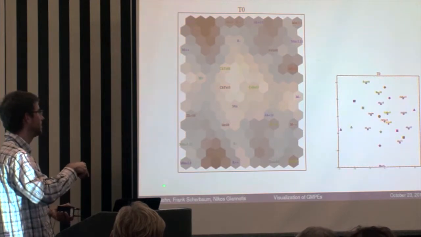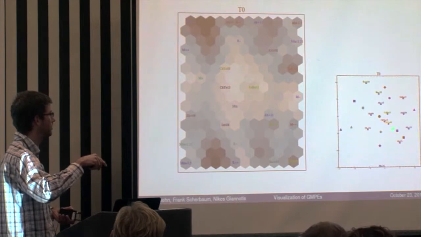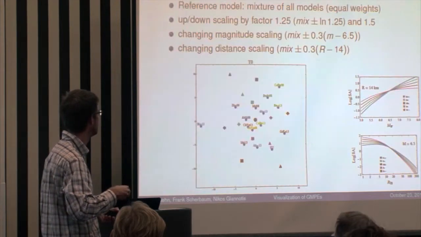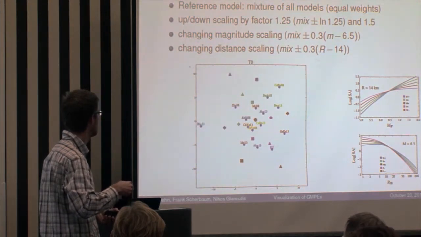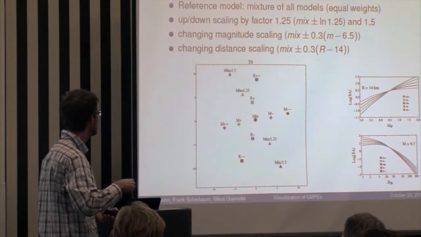If we then take the smallest distance between all the models and plot them onto a map, it looks like this. Here again, I don't really remember what the symbols for the reference models are.